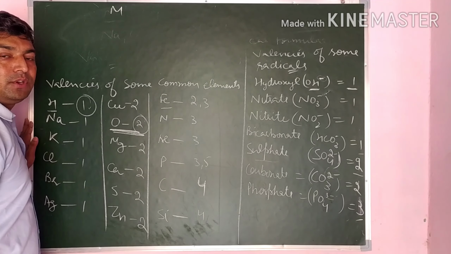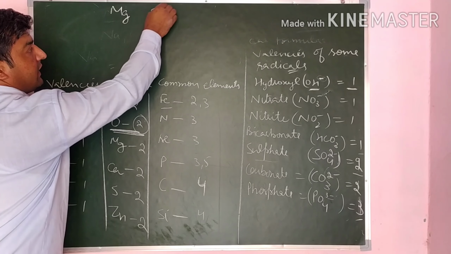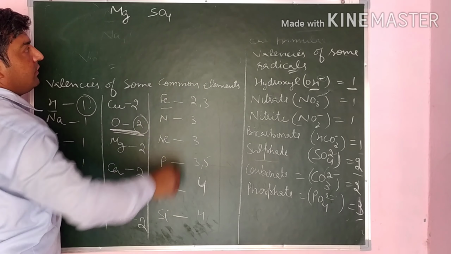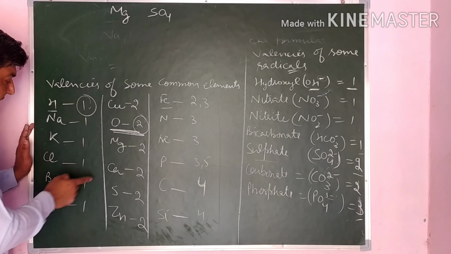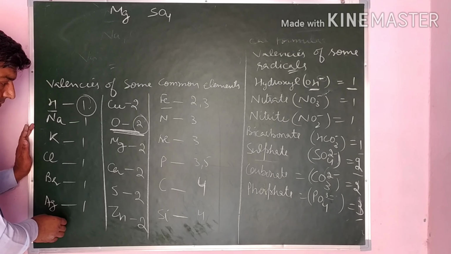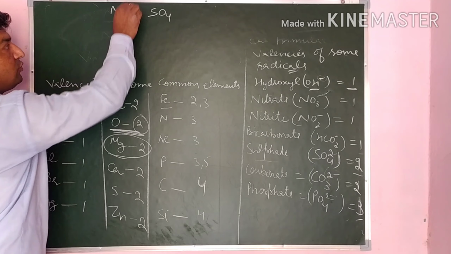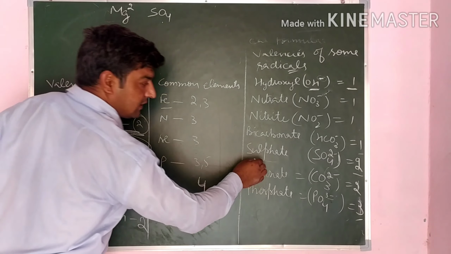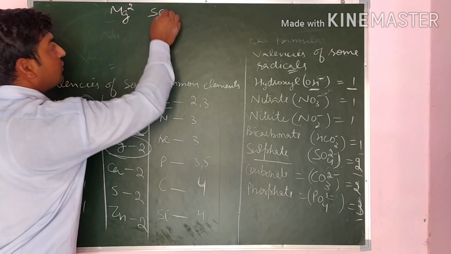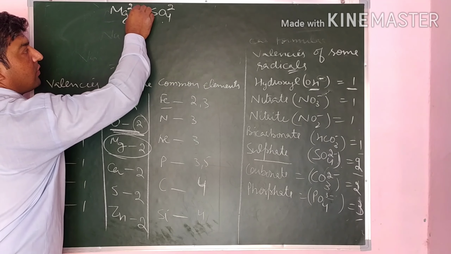Similarly, we have magnesium sulfate. We know that magnesium sulfate is formed from magnesium and the sulfate ion. The valency of magnesium is 2, so in the superscript we write 2, and the valency of the sulfate ion is 2, so we write 2 here. So cross multiply.